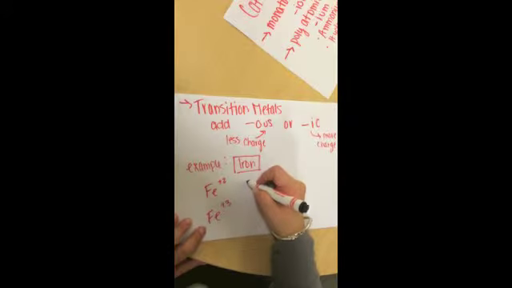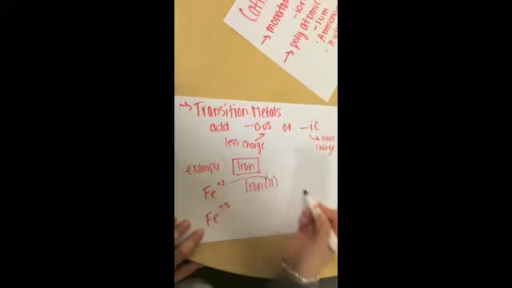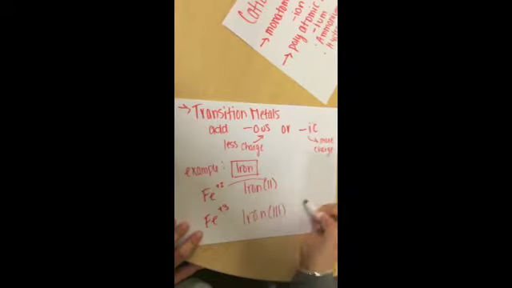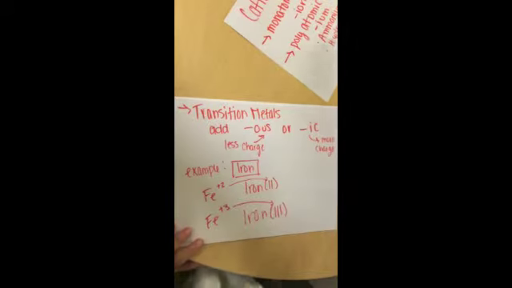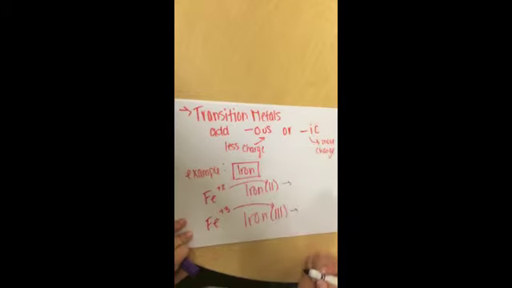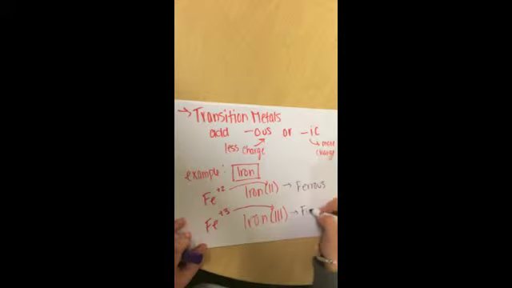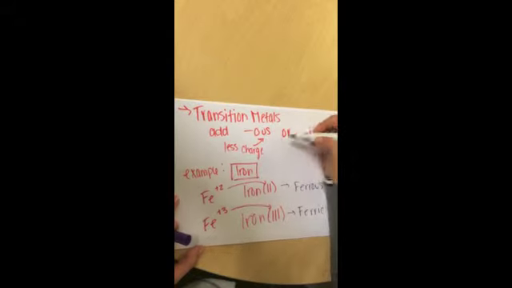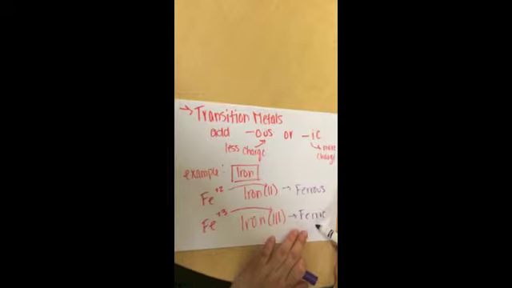So this one, we can write it as iron 2, the 2 coming from its charge, and this one we can write it as iron 3, the 3 coming from its charge. But we can also call it ferrous or ferric. And this implements the OUS ending for the less charged and the IC ending for the one that has a higher charge.